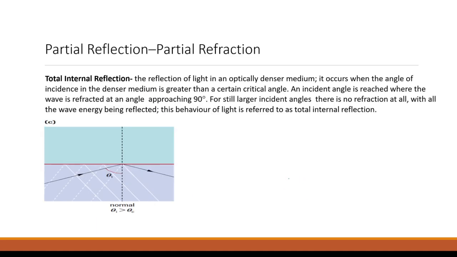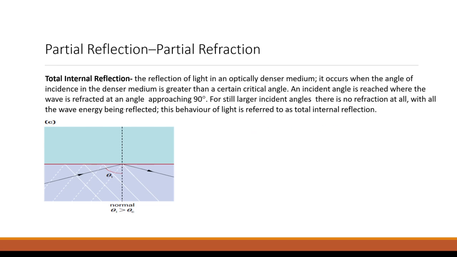Then if you exceed that critical angle with your incidence, you can get something known as total internal reflection, which is the reflection of light in an optically denser medium, which occurs when the angle of incidence in the denser medium is greater than a certain critical angle.